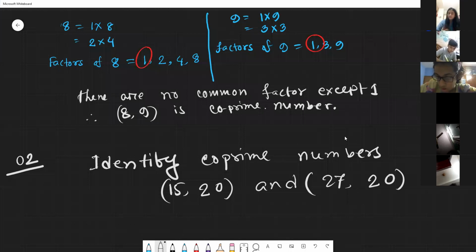So identify the coprime numbers. Which one is coprime from these two pairs of numbers? Anyone?